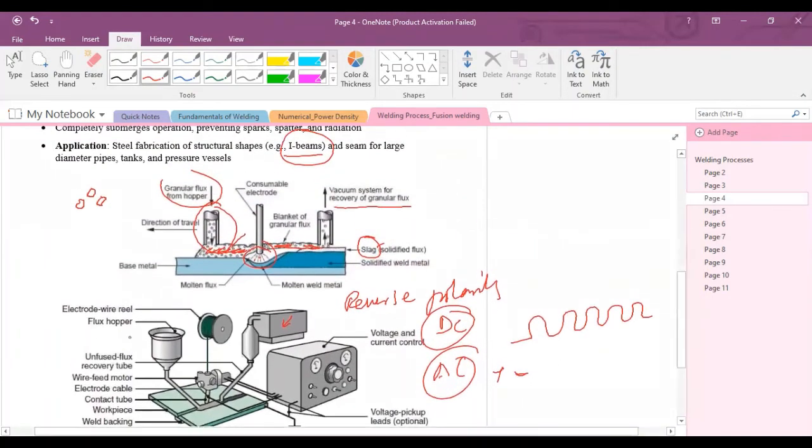This is the special part of submerged arc welding: this welding has two flux hoppers. One is to feed the flux into the weld pool or molten pool. The other is to remove the lightweight flux from the surface.